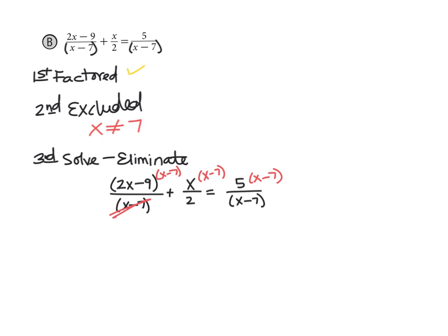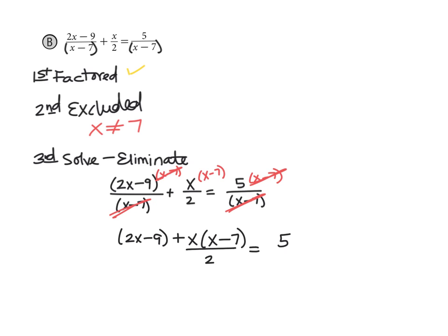Notice that when I do that, they're going to cancel where the denominator is already x minus 7. So now my equation, I'm going to rewrite. I've got 2x minus 9 plus x, parentheses, x minus 7, over 2, the denominator is still there, equals 5.